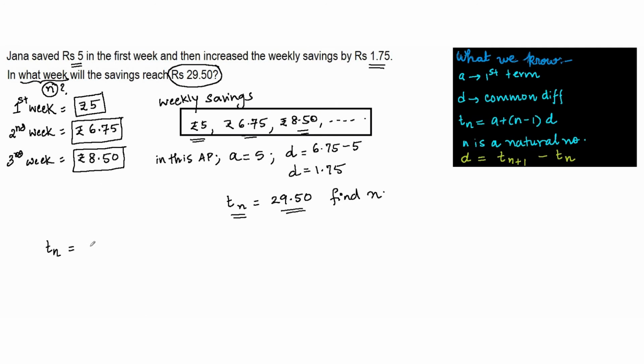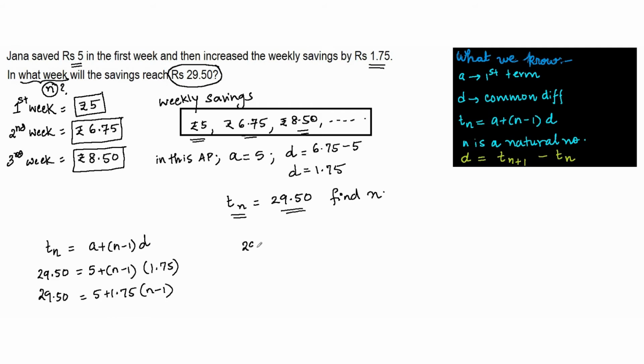So therefore Tn is equal to A plus n minus 1 times D. Tn is 29.50 is equal to A is the first term. A is 5 plus n minus 1 times D is 1.75. And therefore 29.50 becomes 5 plus 1.75 times n minus 1.